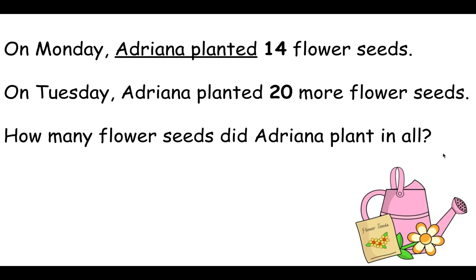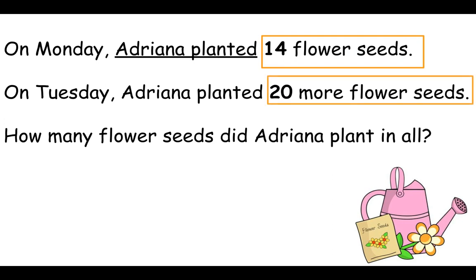I added in some numbers, but I want to know what they are and what they mean. I'm going to put a box around 14 flower seeds and 20 more flower seeds because they are my important numbers.